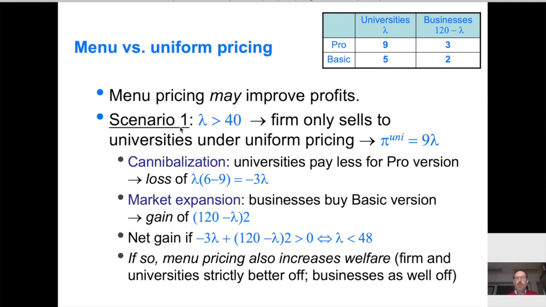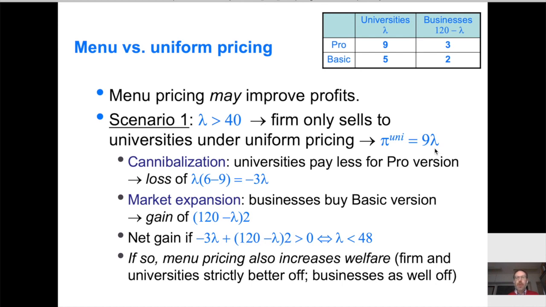Either, and this is the first one we consider, there are sufficiently many universities. In this case, there are at least 40 universities. And so if you do uniform pricing in that case, well, the firm would only sell to universities. This is profitable enough to focus on this segment of the market. The corresponding profit would be 9 times lambda.